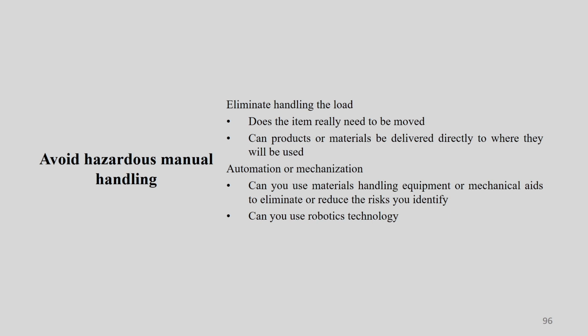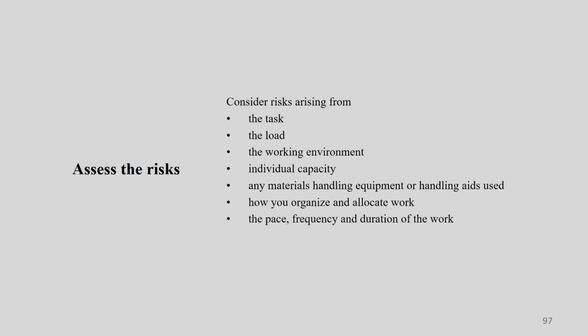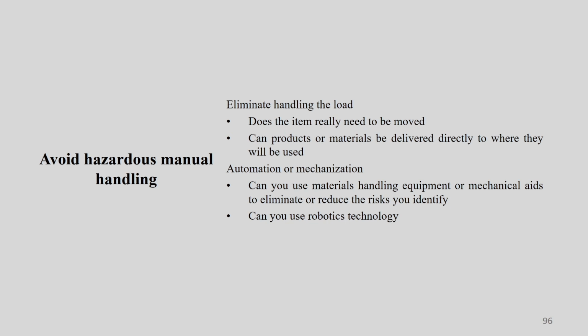Okay, so these are the steps that you are going to follow to avoid hazardous manual handling in a particular workstation. Once you see that this is possible, then the problem is solved, and it is not going to bother you anymore. But in some cases both are not possible.